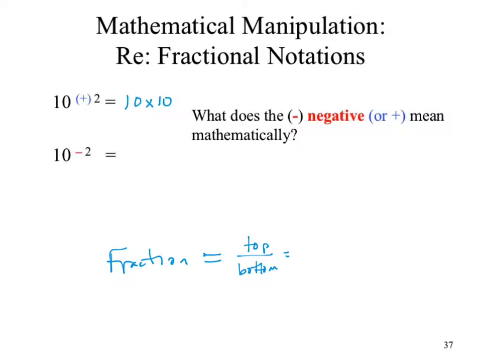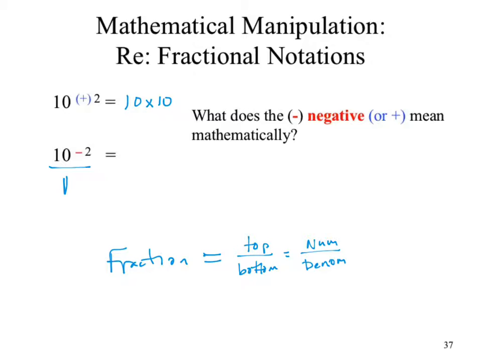Okay, or we'd have the numerator over the denominator. Where's 10 to the minus 2 written? It's in the numerator. This is over 1. Okay.